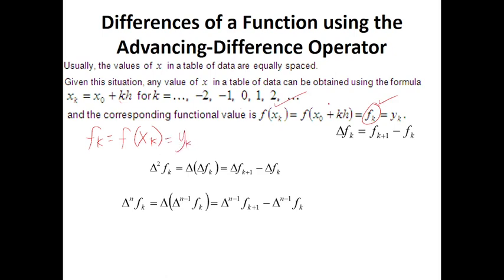Okay, and since x sub k is x sub 0 plus kh, we can replace x sub k here by x sub 0 plus kh. It's just the same as this one. So we proceed.